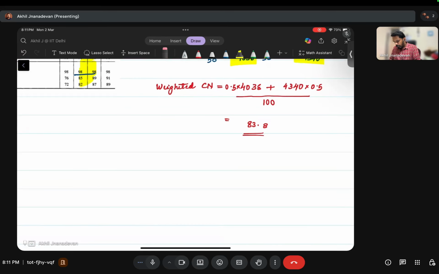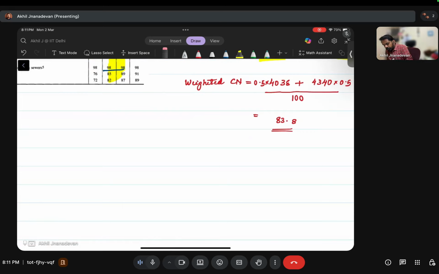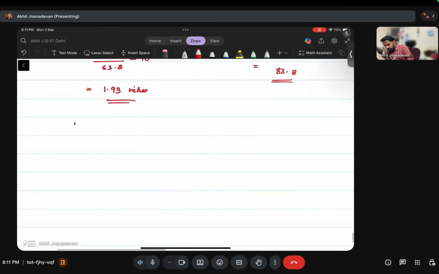So we can substitute that to find S. So S will be 1000 by curve number, that is 1000 by 83.8, minus 10, that will be equal to 1.93 inches. We will be getting it in inches, right? And if you got that in inches, we can substitute this. PE, rainfall excess, is equal to (P minus 0.2 into 1.93) whole square, divided by P plus 0.8 into 1.93.